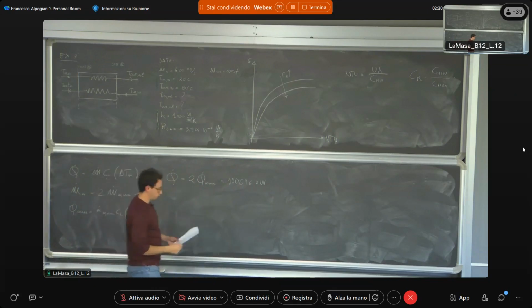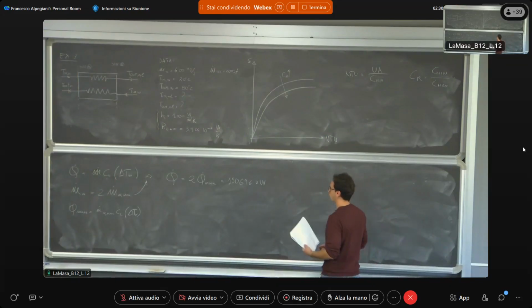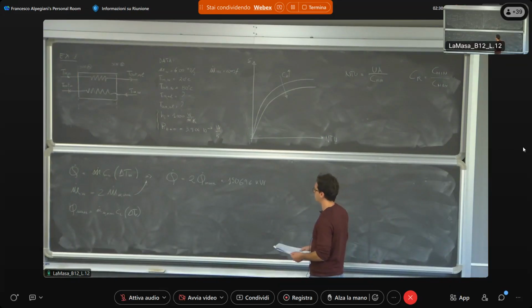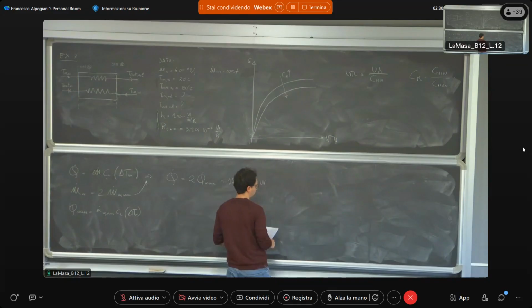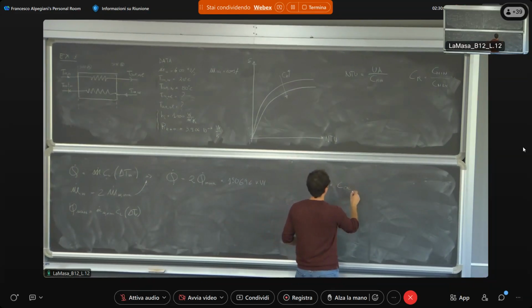Then we need to reason about the heat capacity and define which is the minimum heat capacity between the two fluids. And as in the previous case, we can for sure say that C min is the heat capacity of the oil. Why?